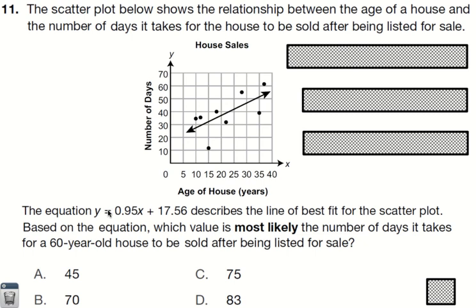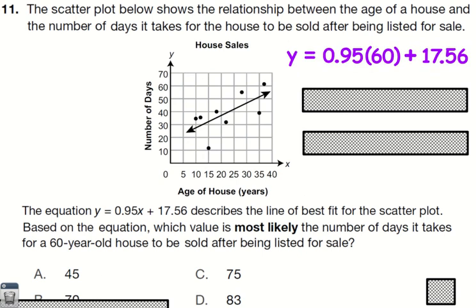Let me make sure I said that correctly. This equation says the number of days it takes to sell will equal 0.95 times the age of the house plus 17.56. And then they're giving you an x value. Bam!